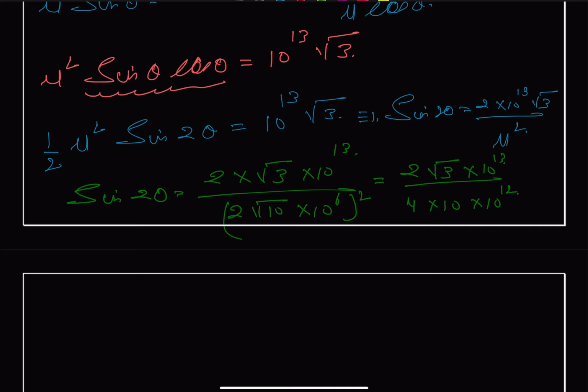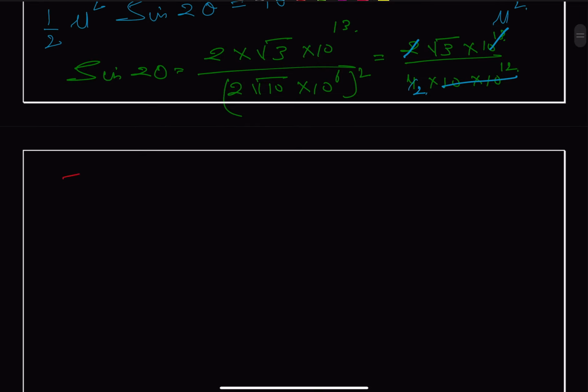So therefore, the powers cancel and 4 goes by 2. So we are left with sine of 2 theta will be equal to square root of 3 divided by 2.